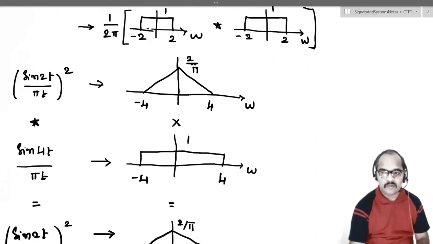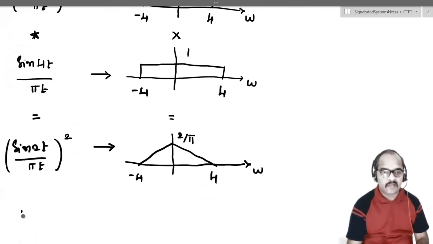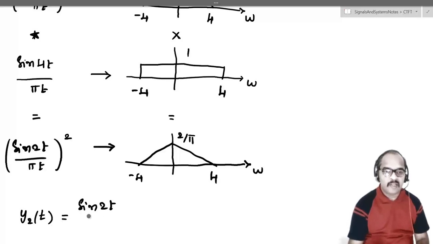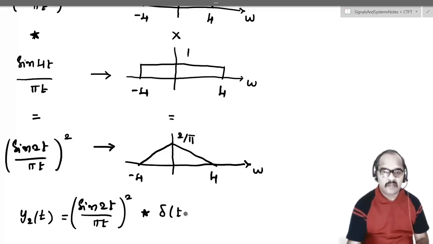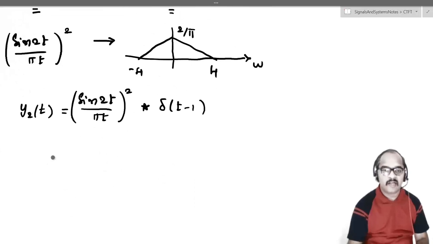So what happens to y2 of t finally? y2 of t would be equal to sine 2t divided by pi t whole square, the term inside the square bracket, convolved with delta of t minus 1. So this simplifies to how much here?